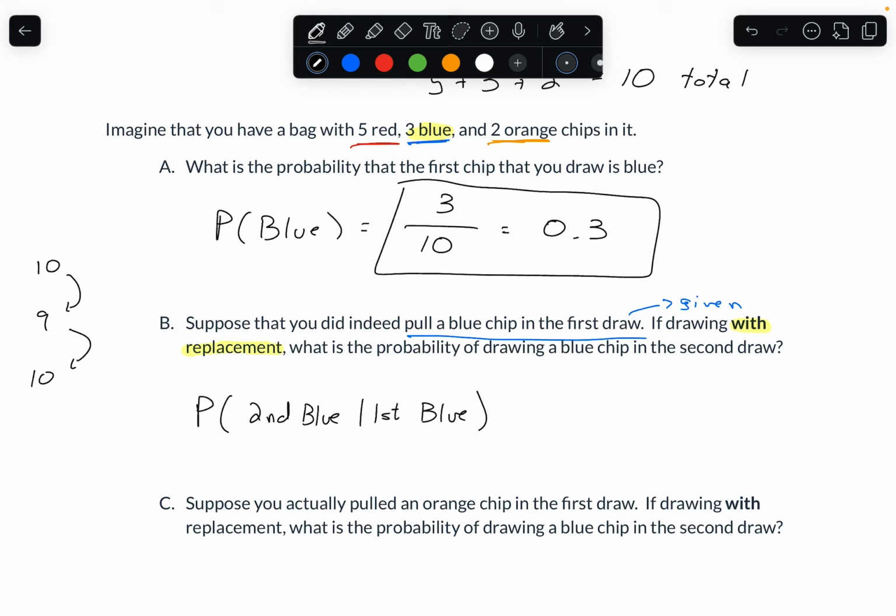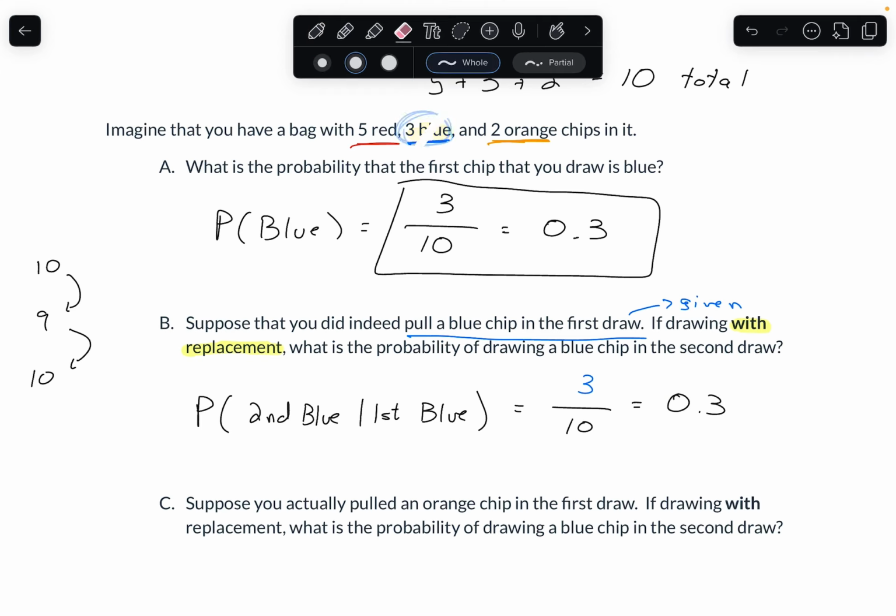So that means that there's 10 in total. So I'm actually working with the exact same sample size that I did before. I put the same chip back. And even if the first one was blue, if I put it back, that means that there are still 3 blue chips left. So there's 3 out of 10, or simply just 0.3.